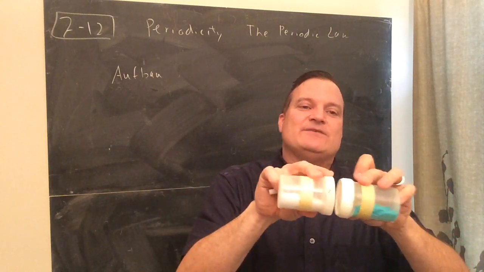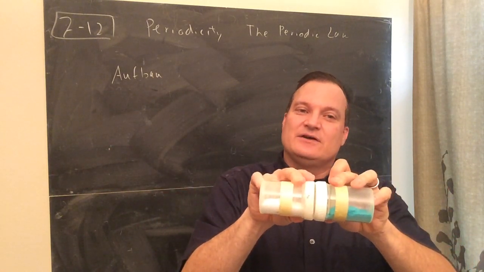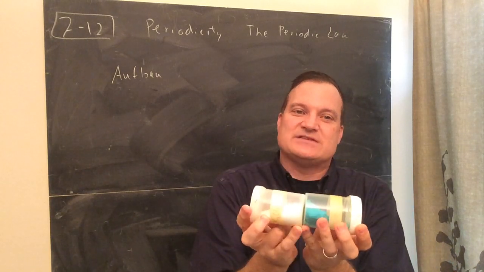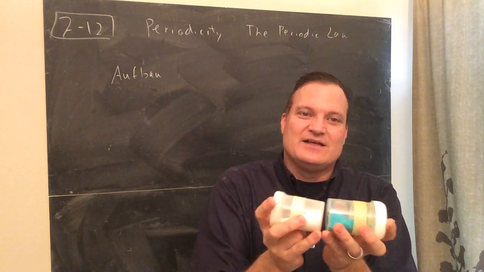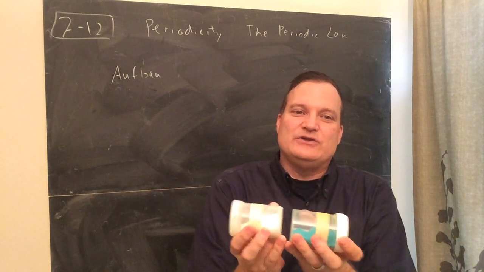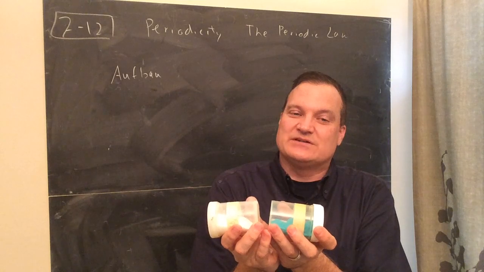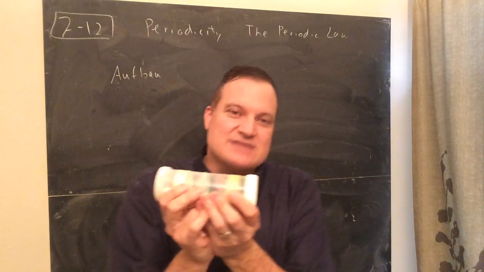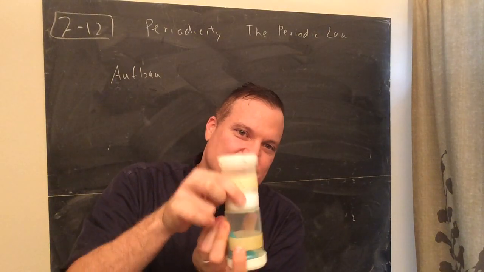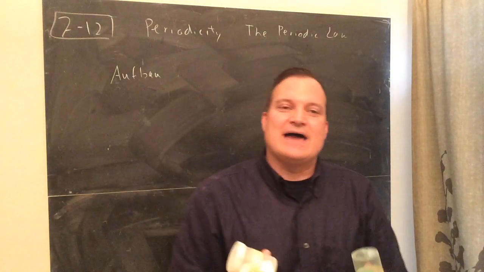Or a table would be even better. If I push them together, the same ends, north, north, south, south, would repel. You could hold them there, but as soon as you let go, one's going to move over. So it's not stable to be like this, but like this. That's how it is in the atom.